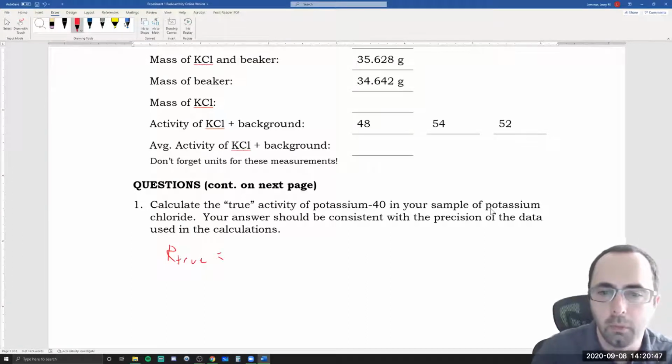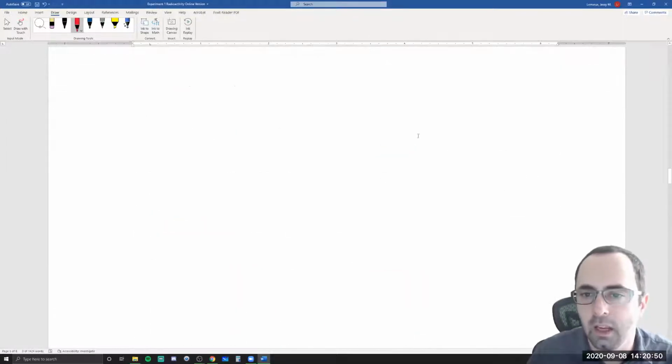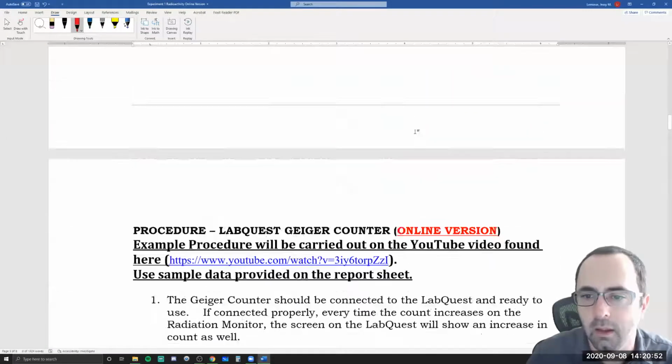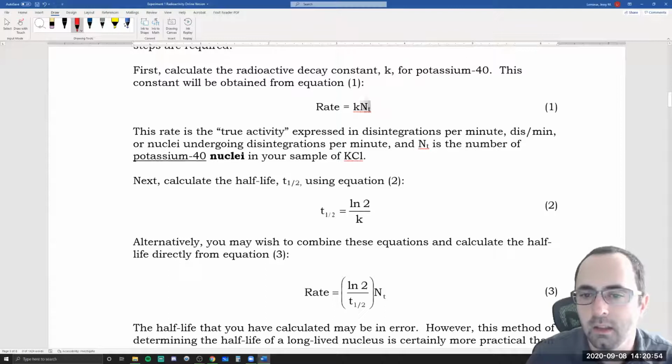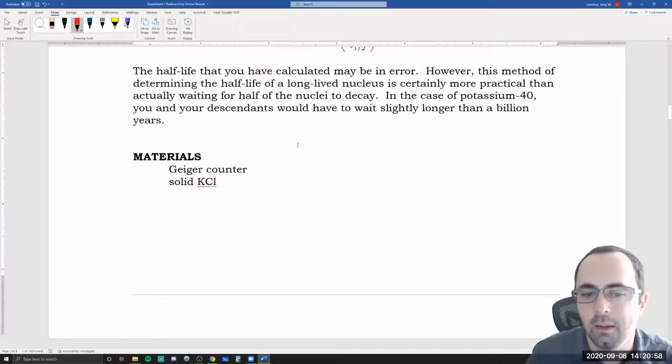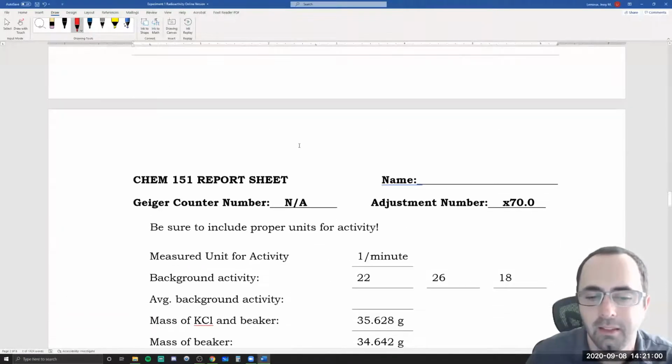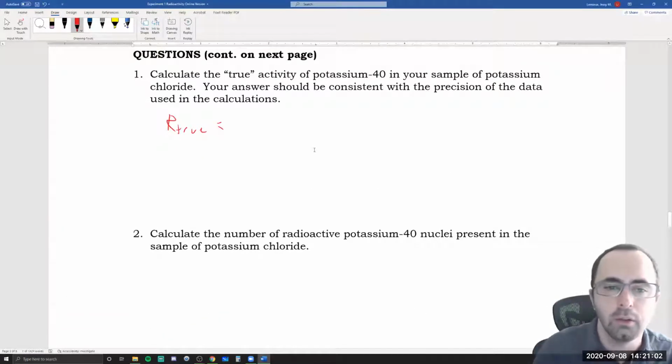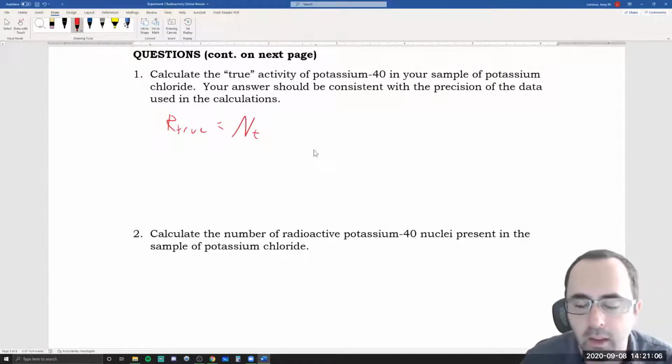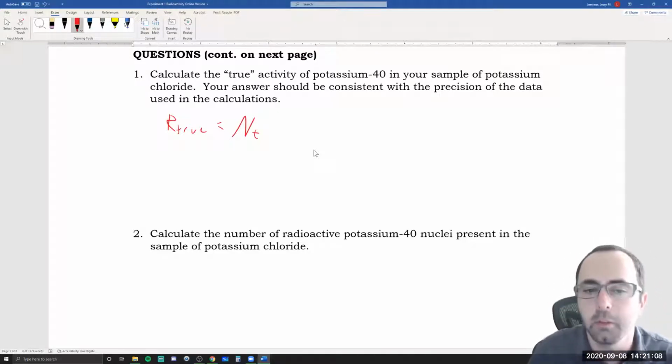And this will also be the notation they use in the actual write-up, the true activity is N sub T. So that's a different notation than they used in the pre-lab exercise there, but that's what we're trying to get.